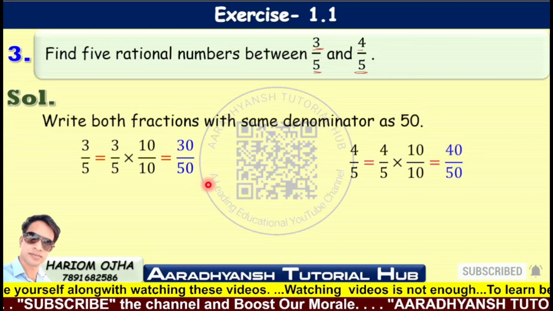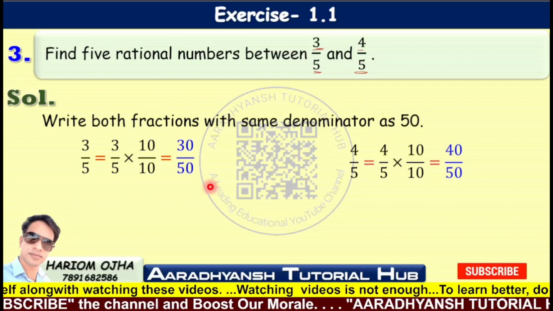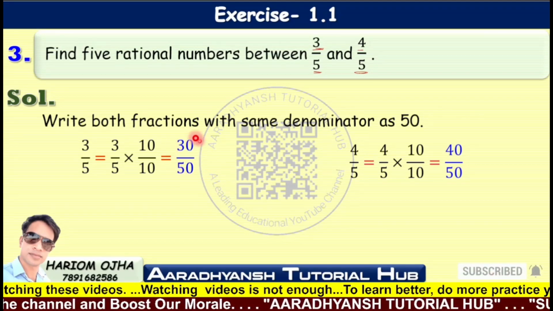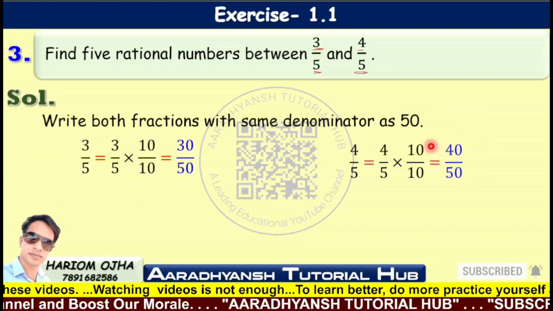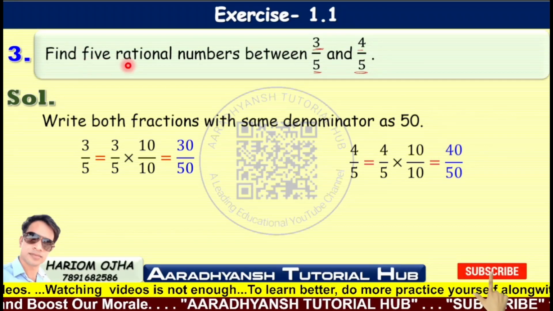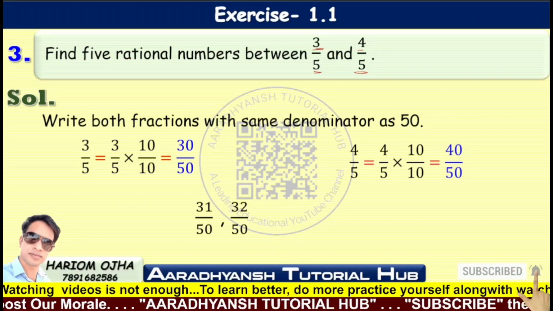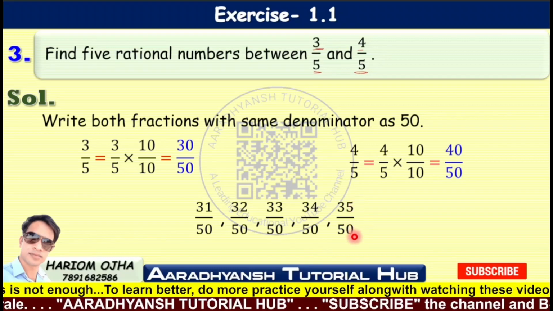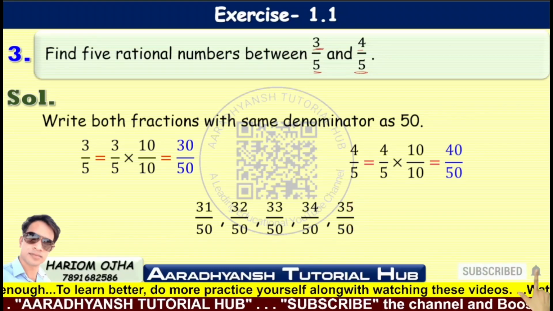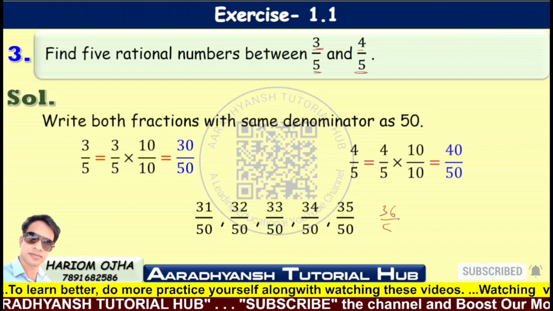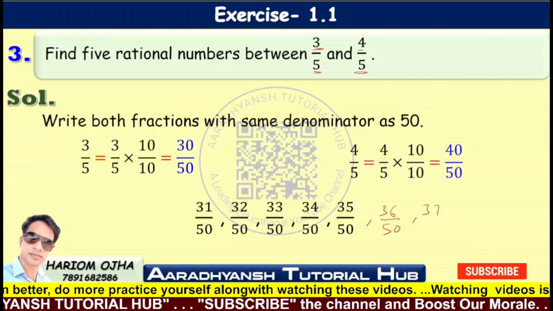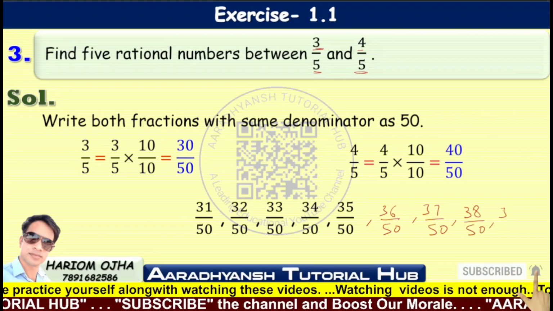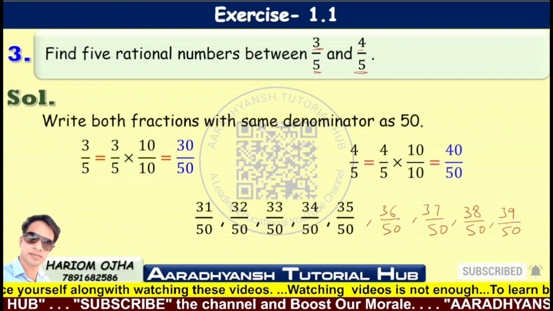You can write 9 rational numbers between both the rational numbers, but we have to only write 5 numbers. So you can write 31 over 50, 32 over 50, 33 over 50, 34 over 50, and 35 over 50. You can also write 36 over 50, 37 over 50, 38 over 50, and 39 over 50.